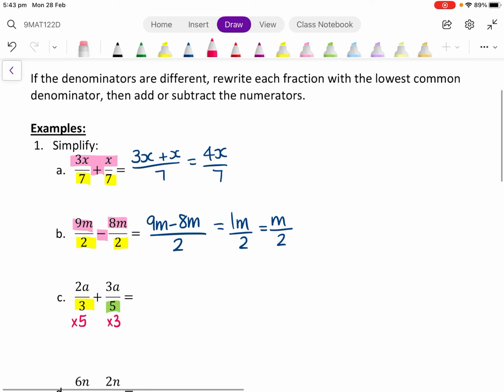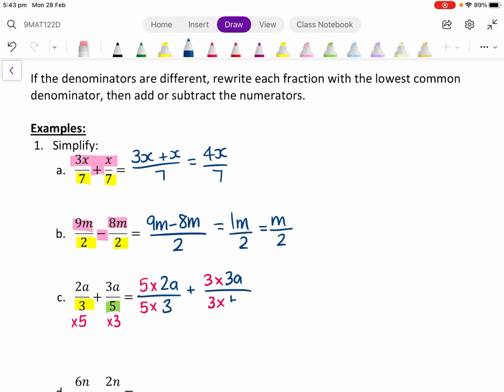So we're going to write 5 times our 2a, which is our numerator, over 5 times our denominator of 3, plus 3 times our numerator of 3a over 3 times our denominator of 5.